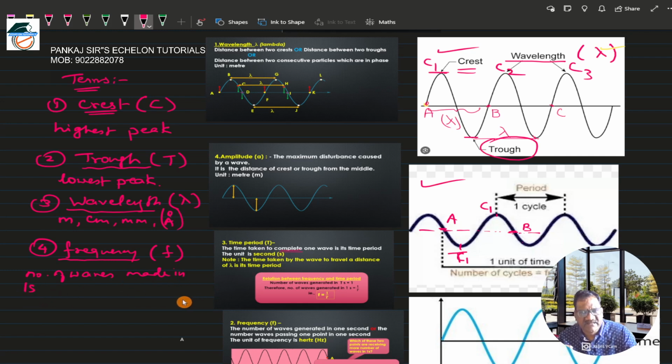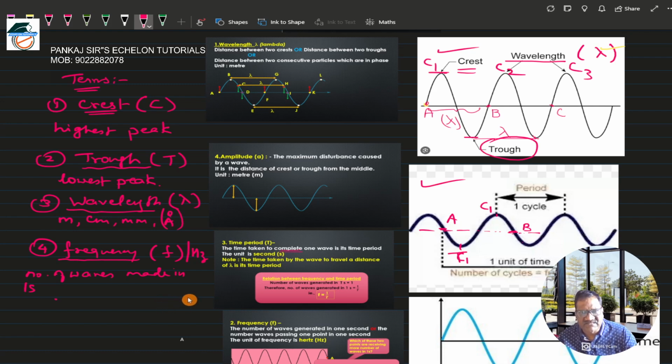Simple as that. In 1 second, if the number of waves made is, say, 10, then you will say that the frequency is 10 hertz. The unit of frequency is hertz, Hz. Whatever is the number of waves made in 1 second, you take as the frequency. Is that clear?